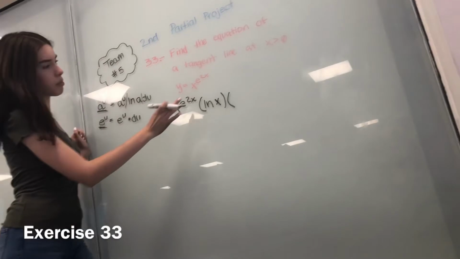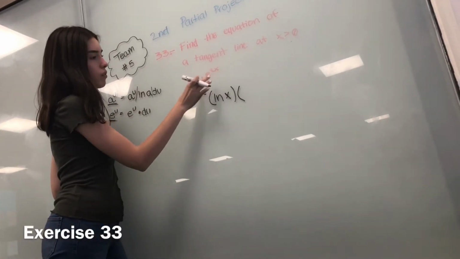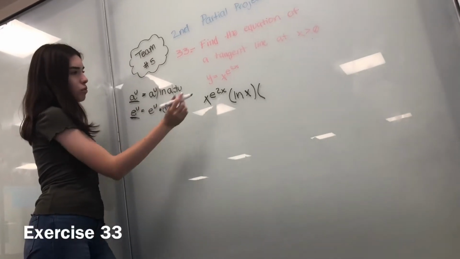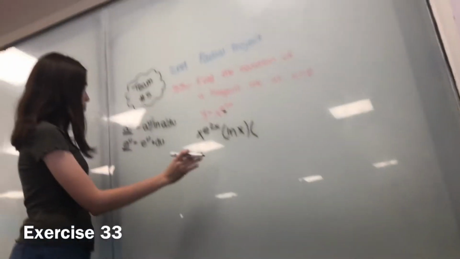And we're going to find the derivative of the exponent of the x, in which we're going to use this formula because we have an e as a base.